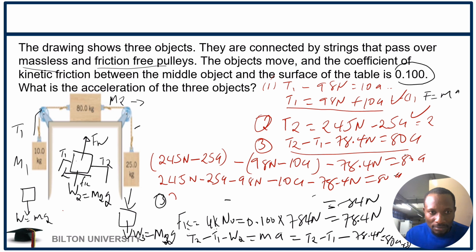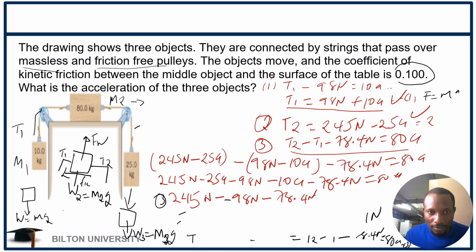Collecting them together, 245 Newton minus 98 Newton minus 78.4 Newton, and minus 25A minus 10A, is equal to 80A.